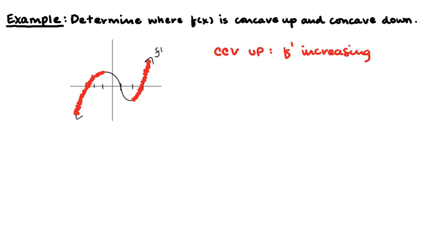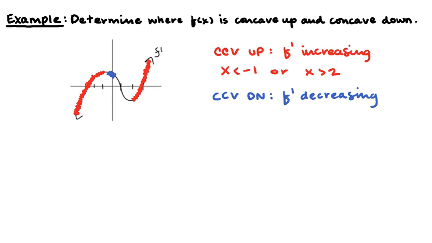All right, so that is x is less than -1, or potentially x is greater than +2. And concave down is going to be where f prime is decreasing. All right, and that looks to be between -1 and +2.